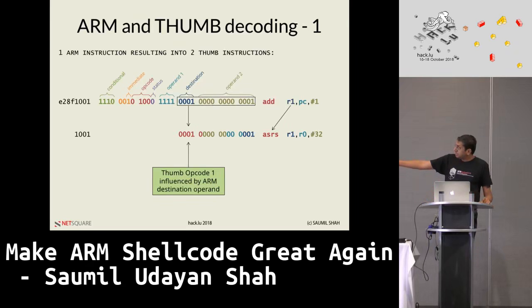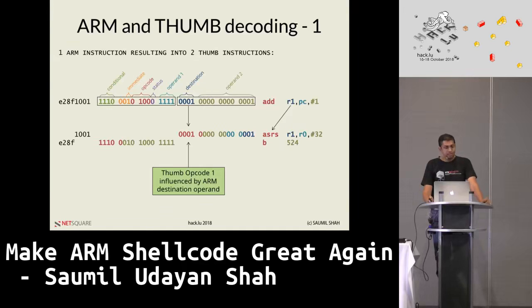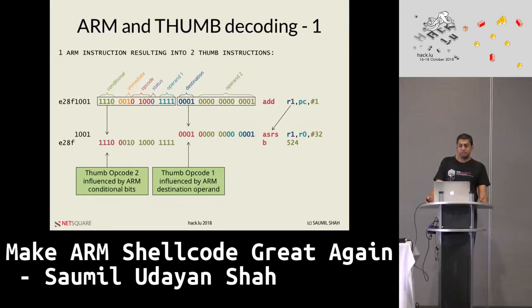The destination bits tell you that this is R1, 0001 is register 1, and that is responsible for the choice of the opcode ASRS that you see in Thumb mode. So this is okay. We survive this. The next one becomes the branch instruction, and the opcode for the branch instruction is controlled by the conditionals. And this is disaster.